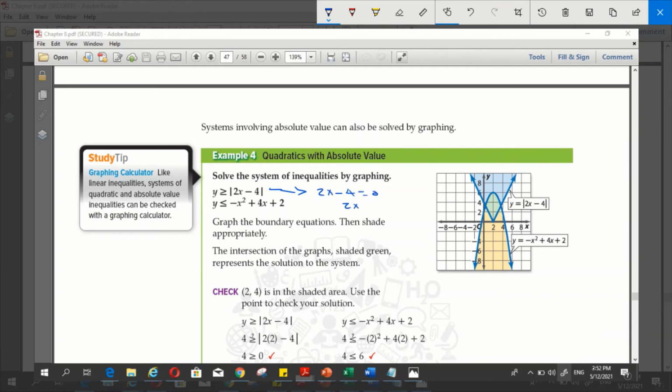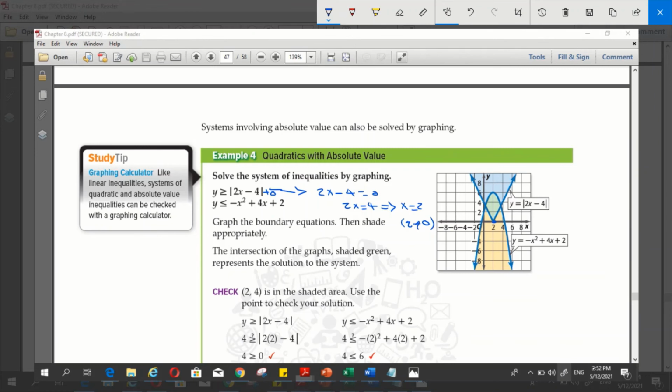That will give me 2x equal to 4, and that will give me x equal to 2. Since we don't have anything here as k, our vertex will be 2 and 0. Because k is equal to 0, nothing is added to the absolute value function. You remember that from ninth grade.